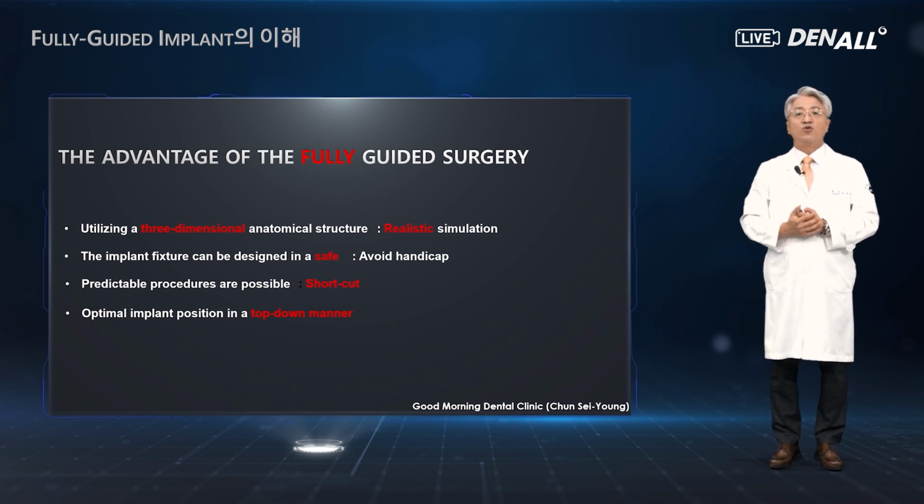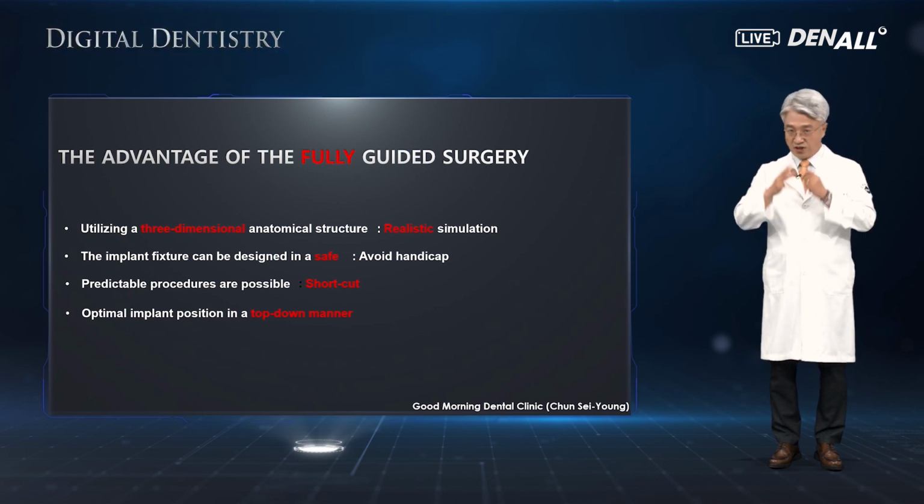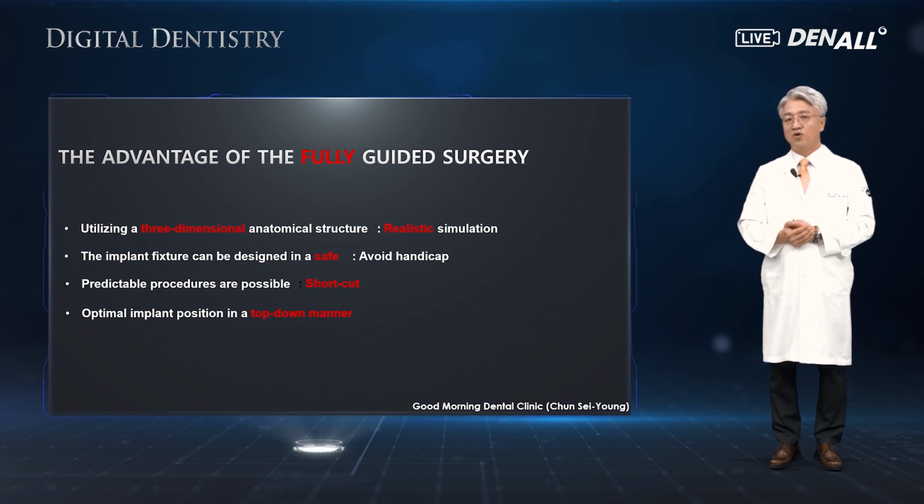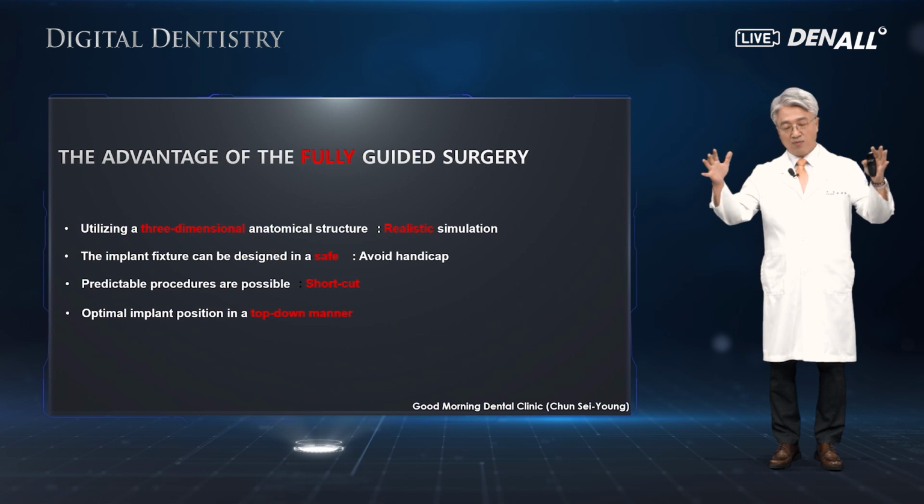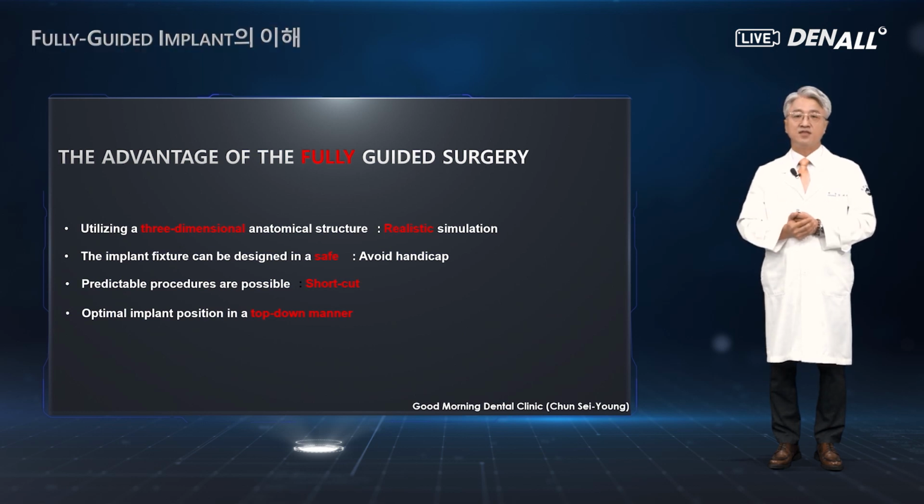I mentioned the top-down fashion several times. In designing the prosthesis in a more realistic situation, ideal positioning can be done. So unexpected dilemmas we can experience during the prosthesis stage can be avoided.